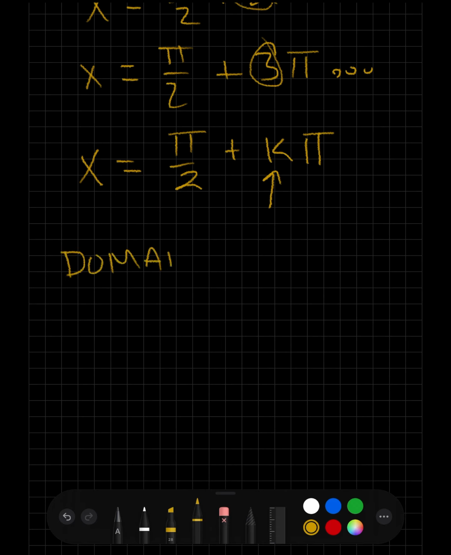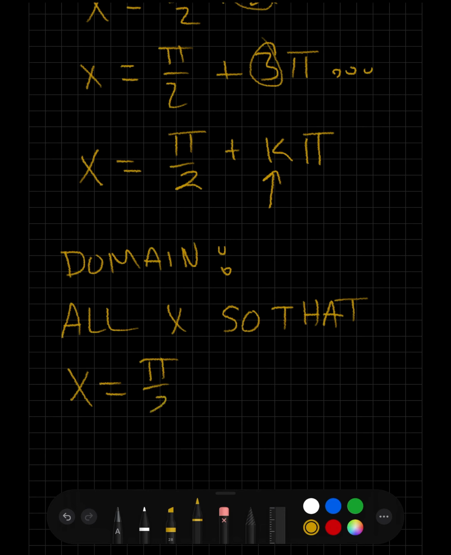So the domain of tangent, we write it out this funny way. We say all x so that x cannot be one of these values where it's undefined, right? X cannot be equal to pi over 2 plus pi k.